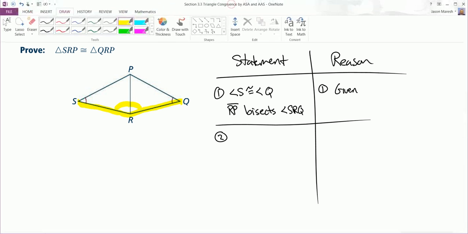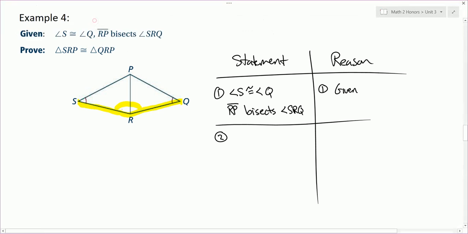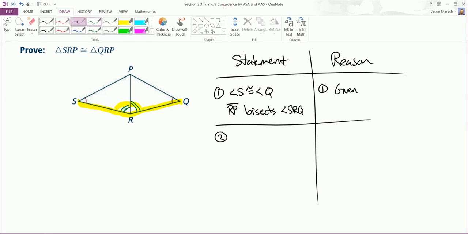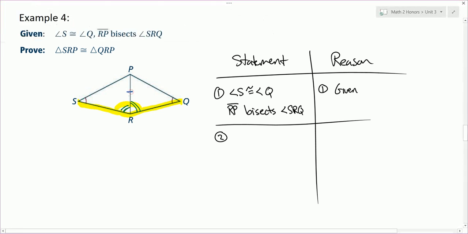So now we can say that because it's cut in half, this angle here, SRP, is congruent to this angle here, QRP. And then lastly, notice we have a shared side. PR is congruent to PR. And so the pattern here is going to be angle, angle, side, which is the theorem we just proved. And we're going to use that now to show that the triangles are congruent.